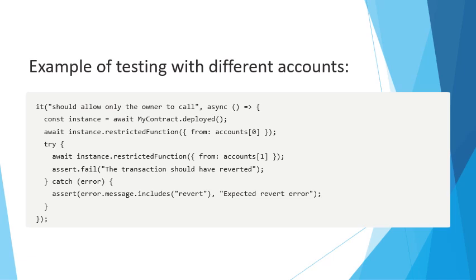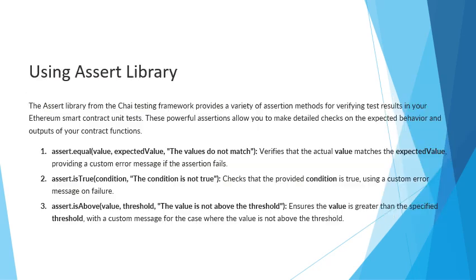It then calls the restricted function using the first account in the accounts array, which is assumed to be the contract owner. The test further tries to call the restricted function from other accounts, which should not have permission. The test expects the transaction to revert and uses a try-catch block to verify the revert message and ensures the function was properly rejected.